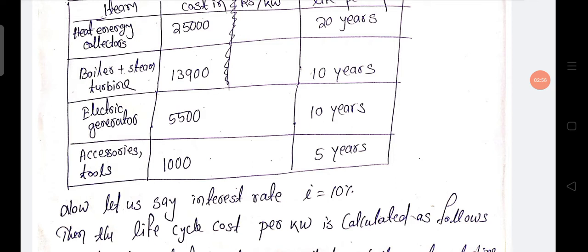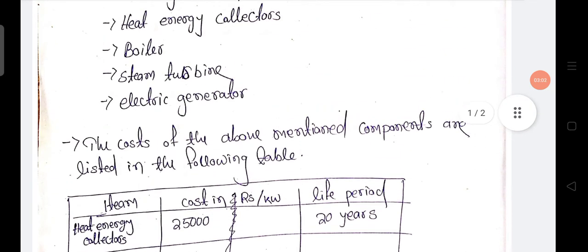Because the life cycle cost means the total amount required for maintaining or taking care of one system for its whole life period. Whole life period means from the buying time to the selling time.